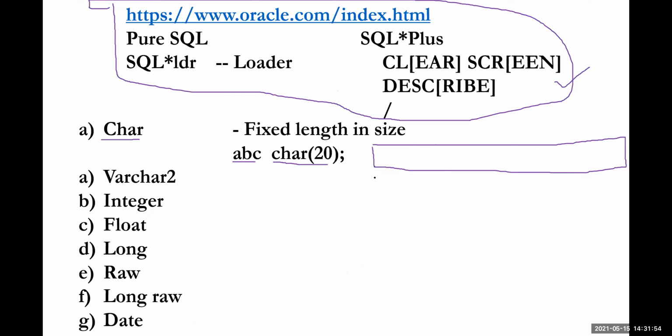Within this, how will the data be stored, and why is it called fixed length? Let me consider the first row, where I enter HARI. HARI will be my data. Out of 20 bytes, I have used only 4 bytes.